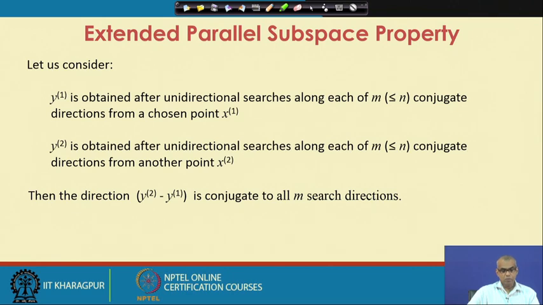Similarly, y 2 is obtained after unidirectional searches along each of m conjugate directions starting from another point x 2. Then the direction y 2 minus y 1 is conjugate to all m search directions.